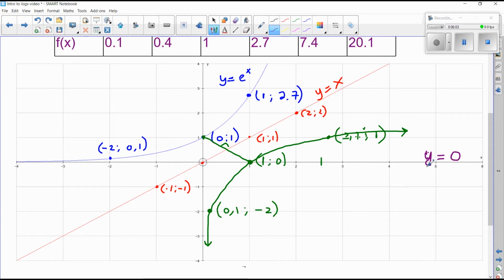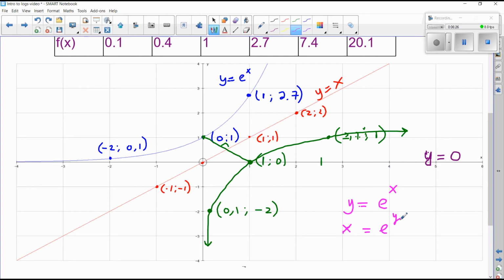Now, let's see what we have done. We were given y equals e to the x. When we drew the green graph, we swapped the x and y coordinates, so x equals e to the y. But when writing an equation of any graph, we always write it in the form y equals.